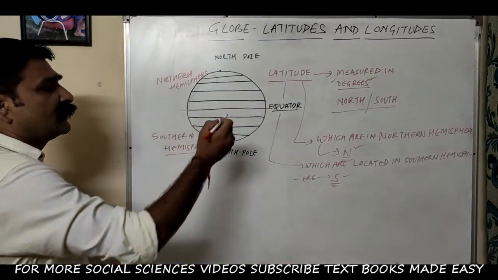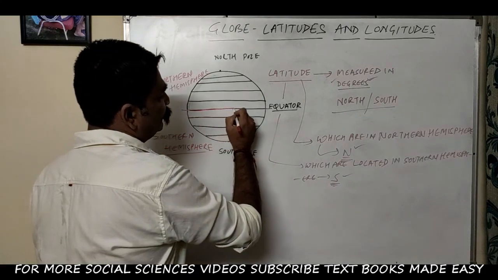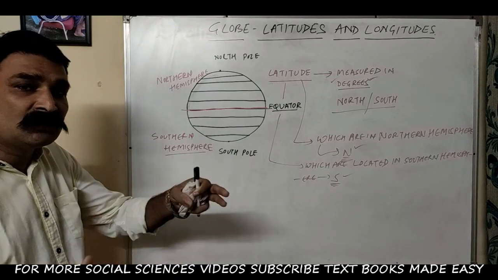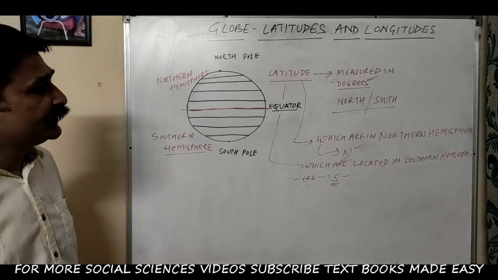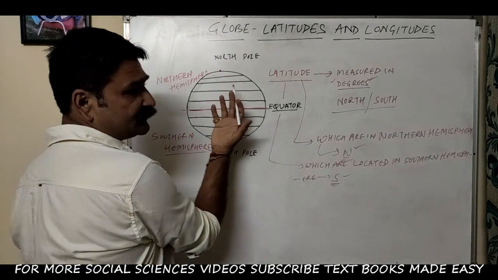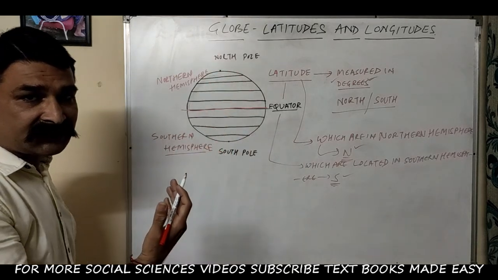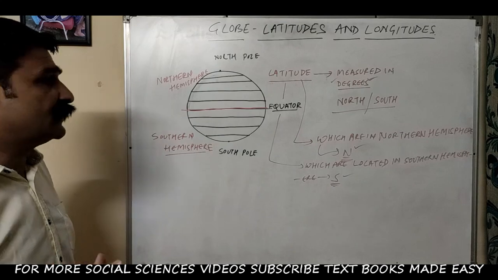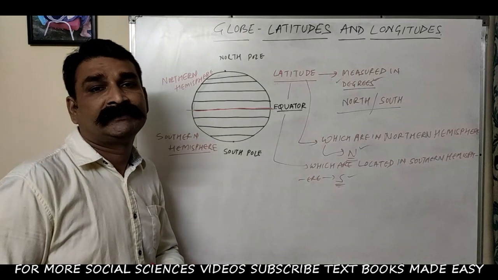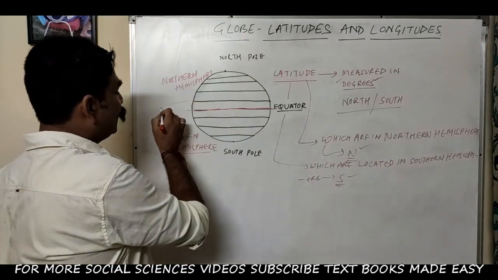Fine. So we come to the equator. This is the equator, and this equator is dividing the Earth into two equal parts. Okay. Now one portion is this, which is visible to us, but the other portion is at the back side of the Earth, which is not visible to us.